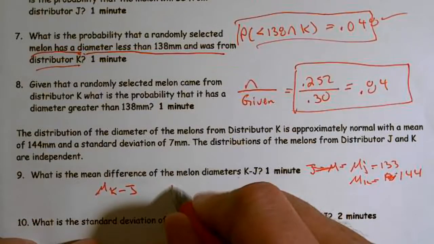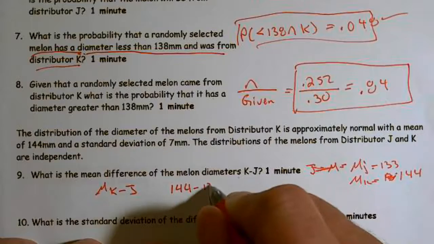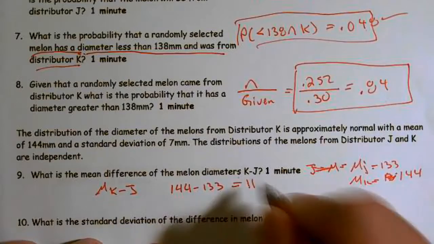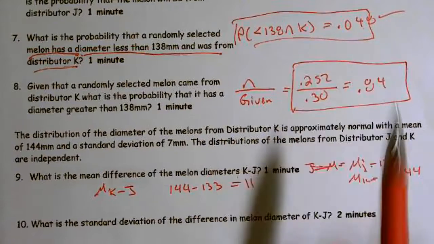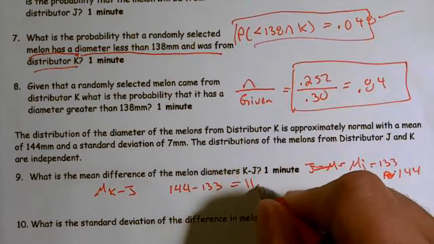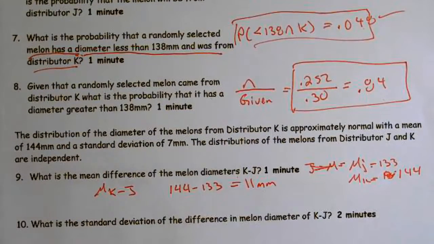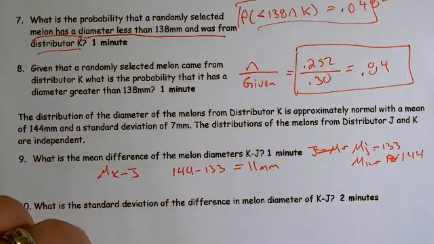So in this case, 144 minus 133 would equal 11, because I can do that directly. I should have told you this up in the problem's stem, but it didn't. You can subtract means directly. The next thing it asks for is the standard deviation.